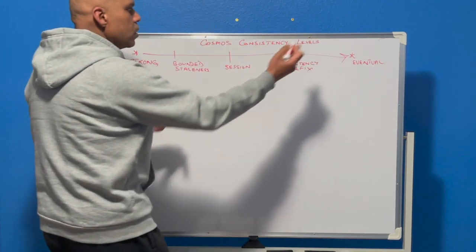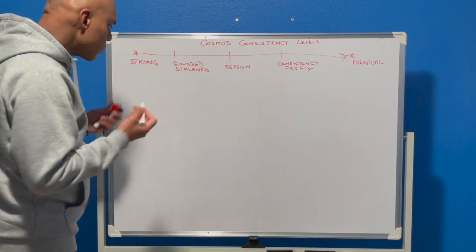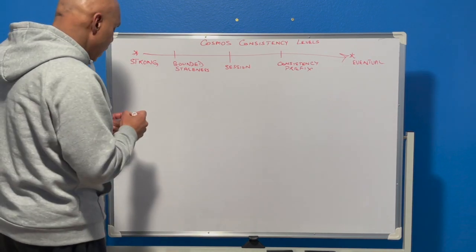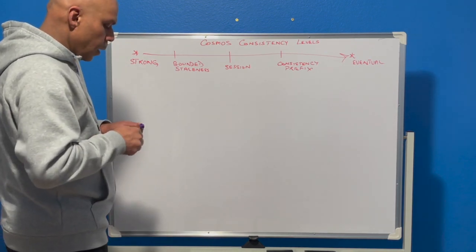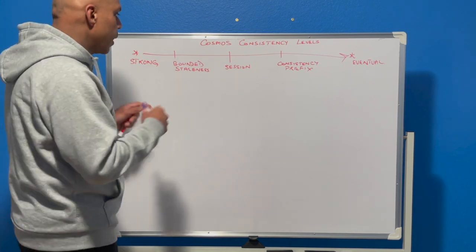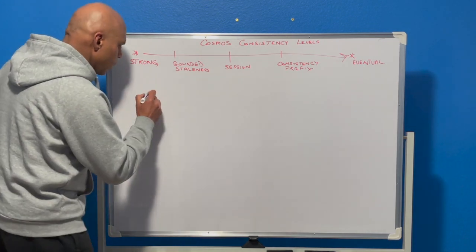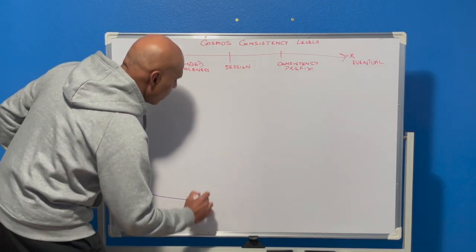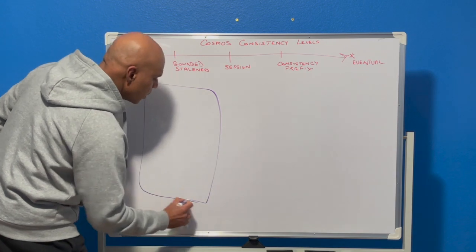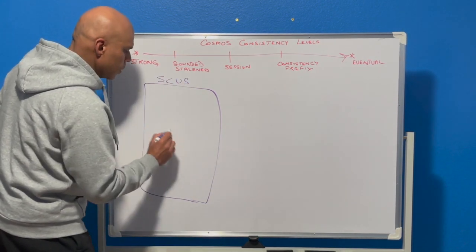So what do all these different consistency levels really mean? We'll look at an example, and in this example, we are basically going to look at two Azure regions and then see how this behavior works. Okay, so let's say we have our first Azure region. This is South Central US.